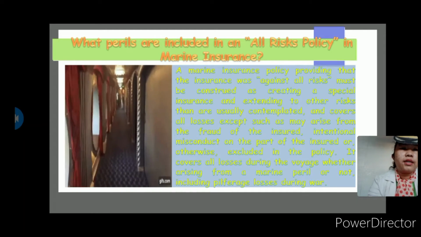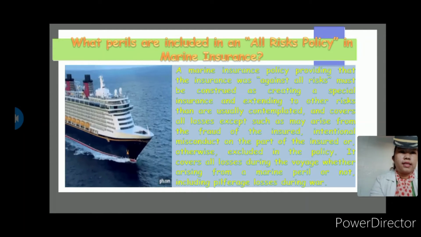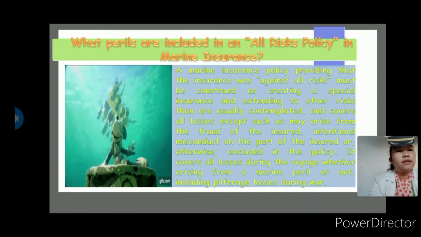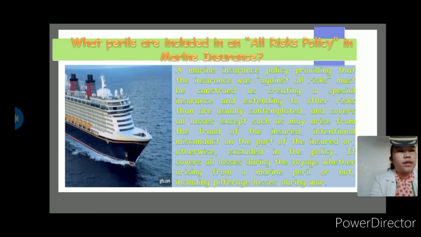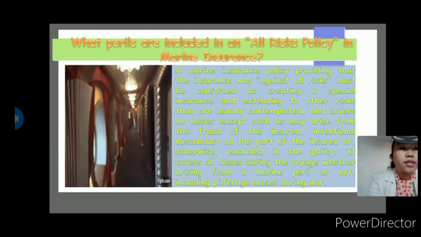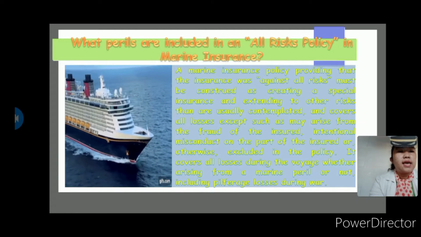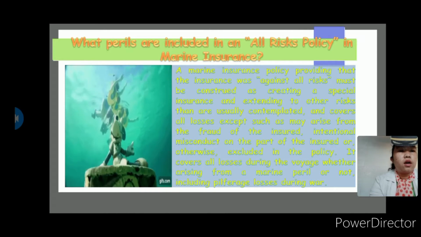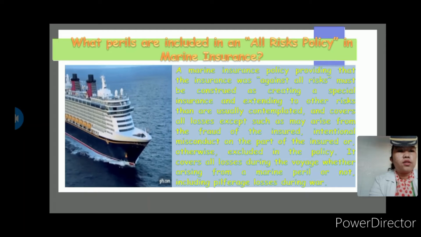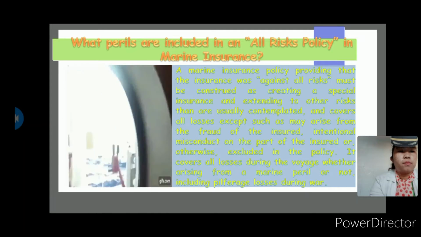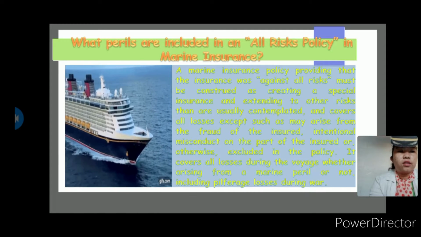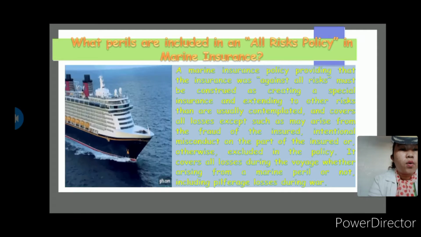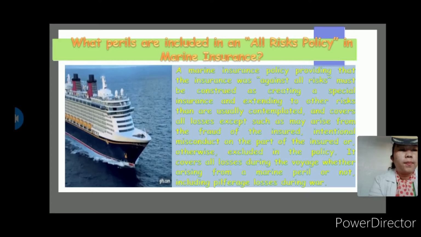So what perils are included in an all risks policy in marine insurance? A marine insurance policy providing that the insurance was against all risks must be construed as creating a special insurance and extending to other risks than are usually contemplated, and covers all losses except such as may arise from the fraud of the insured, intentional misconduct on the part of the insured, or otherwise excluded in the policy.